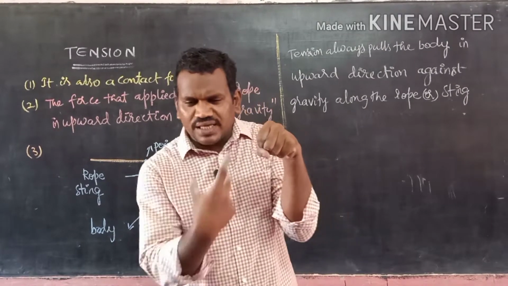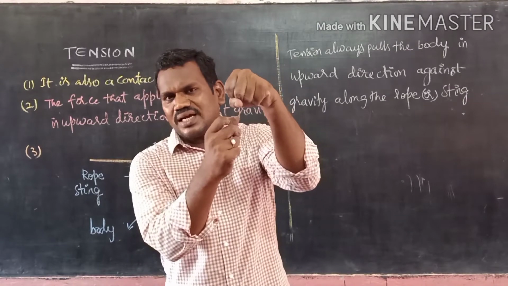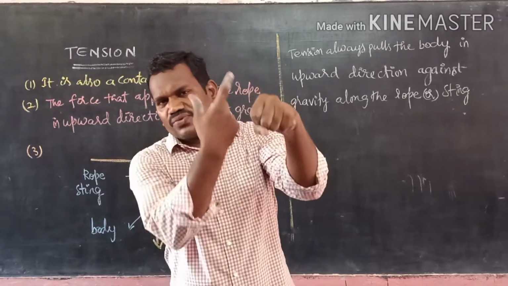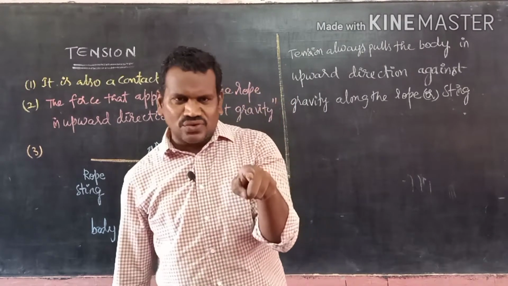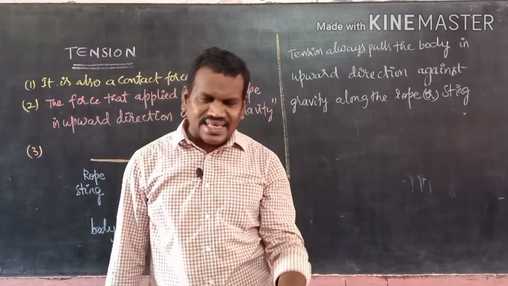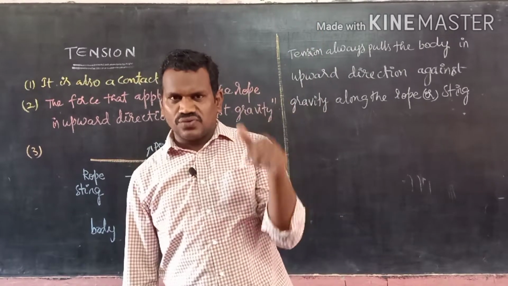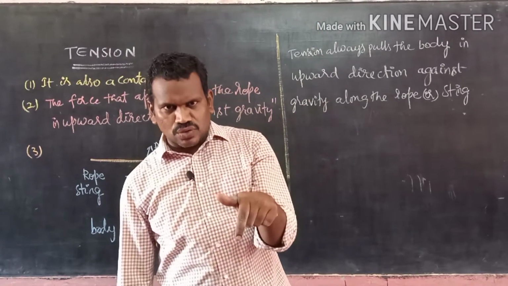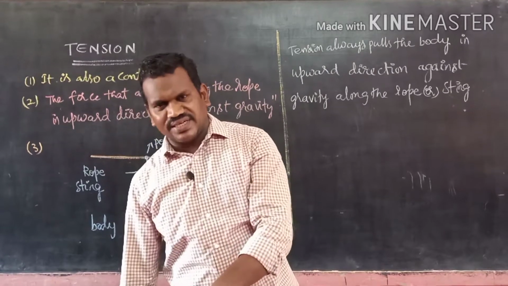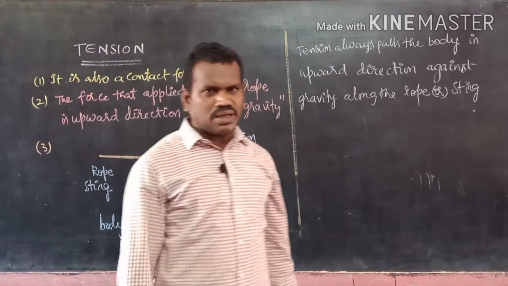But without falling in the downward direction, the thread that I hold is applying force in the upward direction. The force applied by the rope against gravity in the upward direction is called tension.